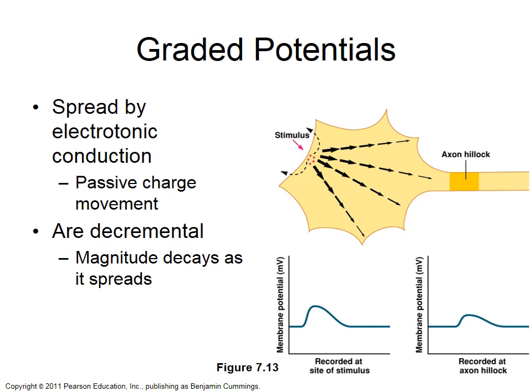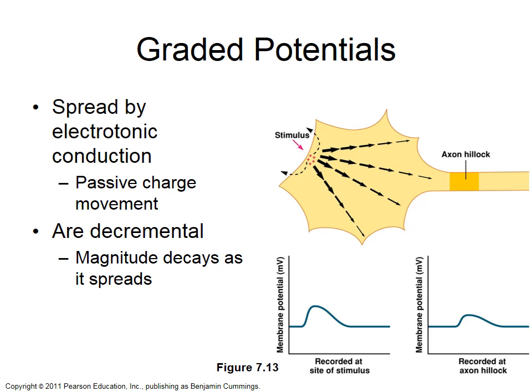Graded potentials spread by what's called electrotonic conduction, which is just passive charge movement. Here we've got the stimulus. Say it's a ligand-gated sodium channel. A neurotransmitter binds, the channel opens, sodium rushes in, and then it's just going to diffuse away. The thicker the arrow, the higher the concentration of sodium.